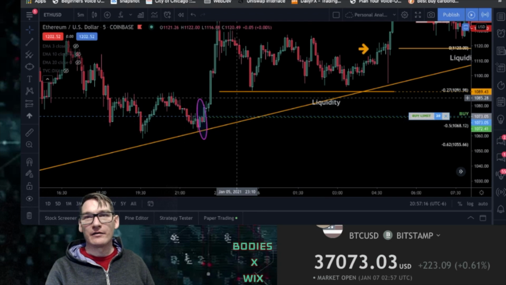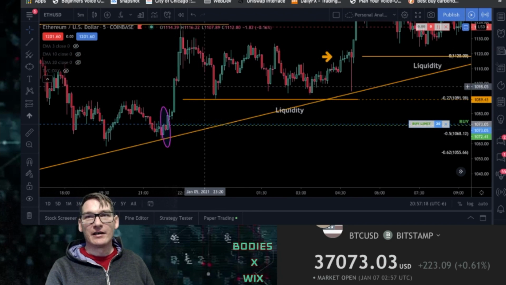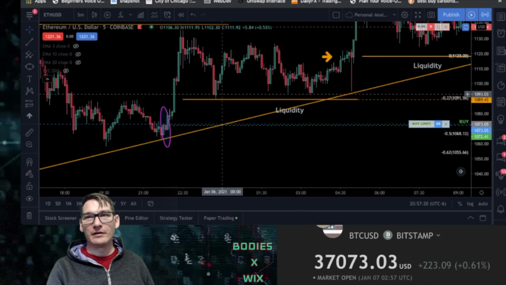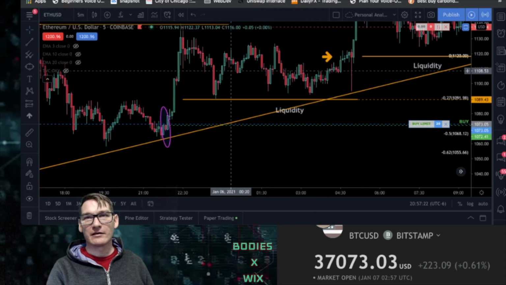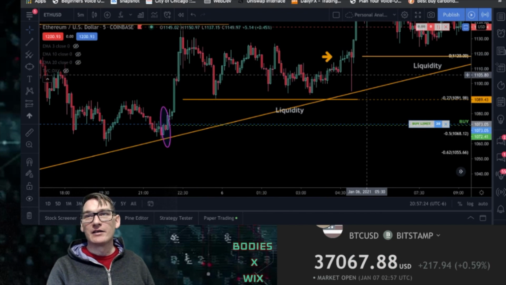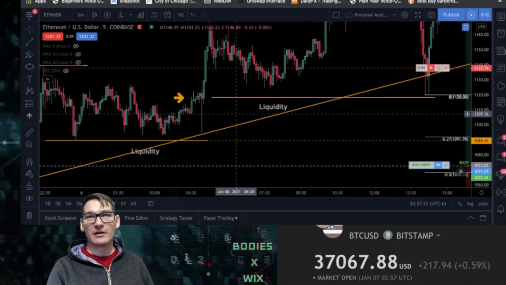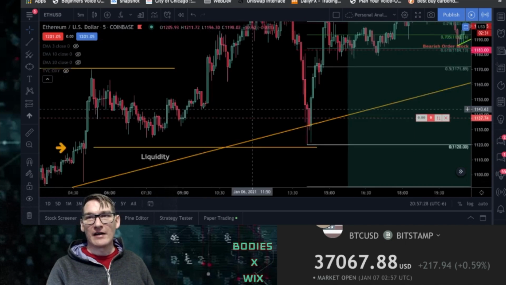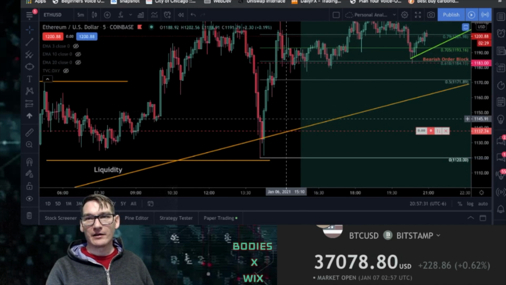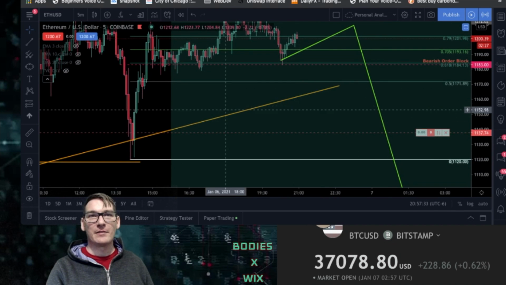But it has hit this equal level of liquidity a bunch of times. So that's why I'm looking at this and I'm going, okay, everybody's looking at this trend line, thinking it's going to stay above this trend line.